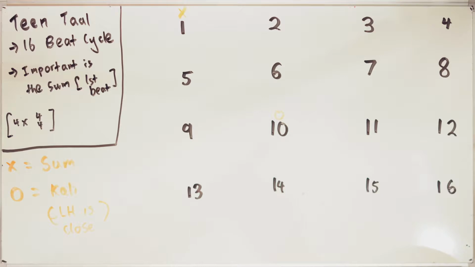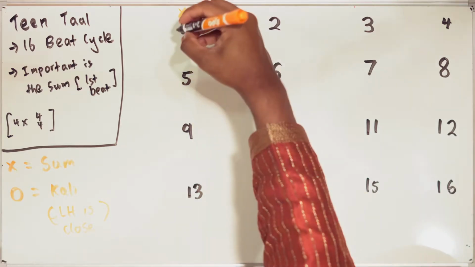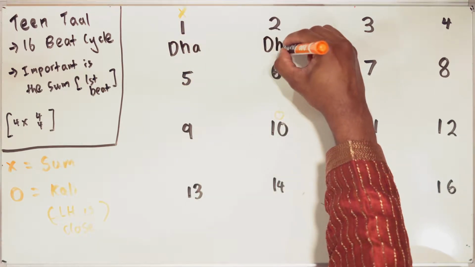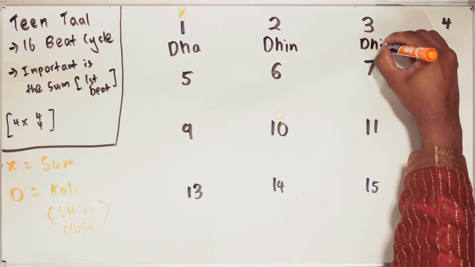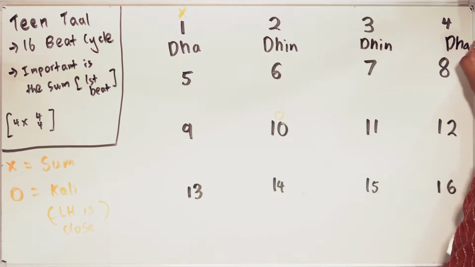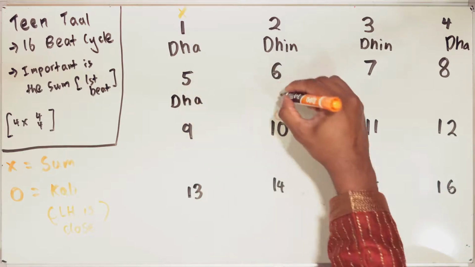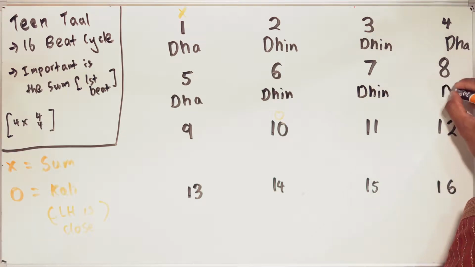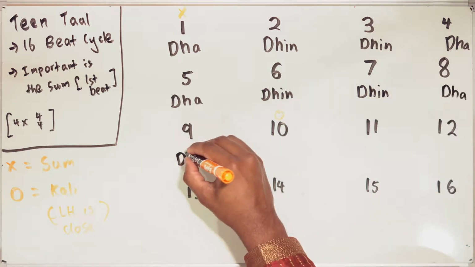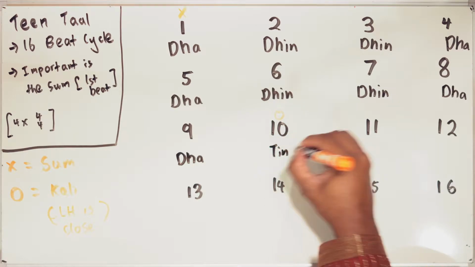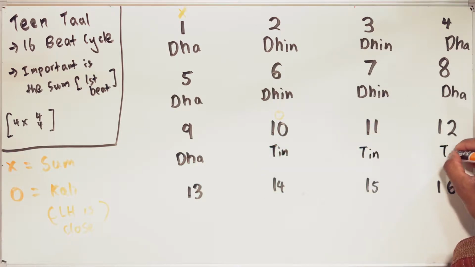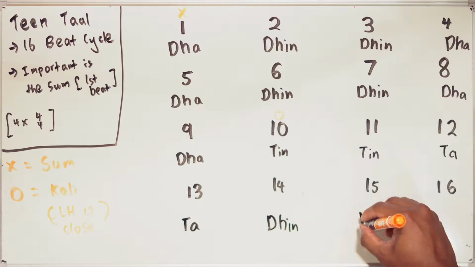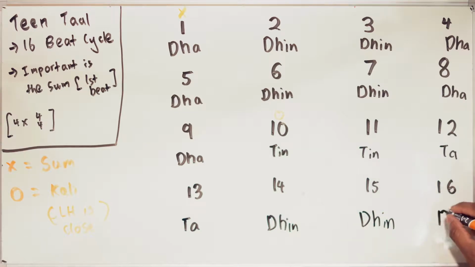Okay, so the strokes for teen tal: dha, dhin, dhin, dha, dha, dhin, dhin, dha, dha, tin, tin, ta, ta, dhin, dhin, dha.